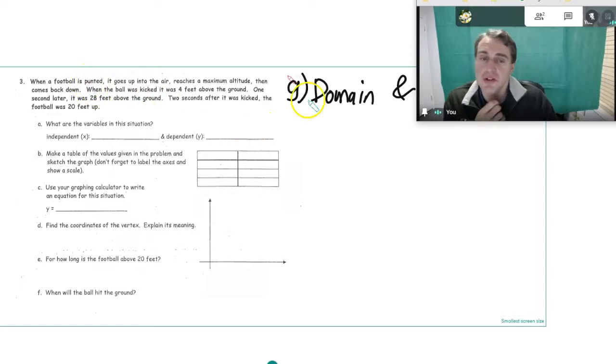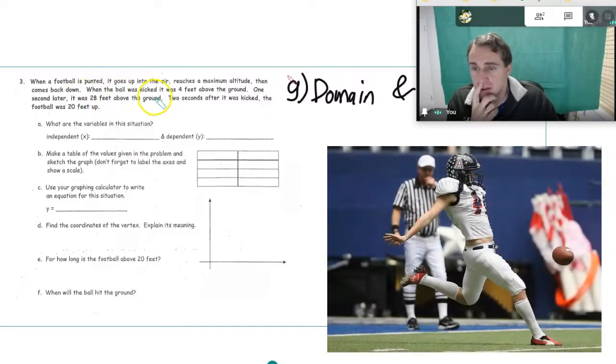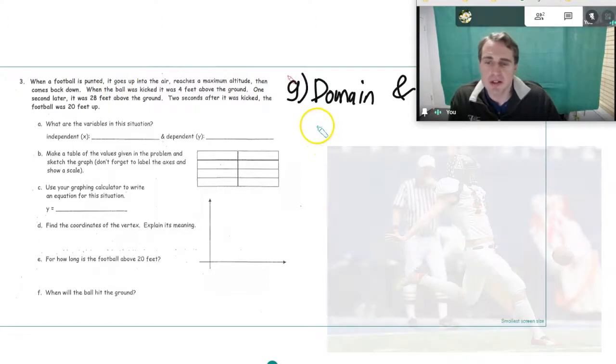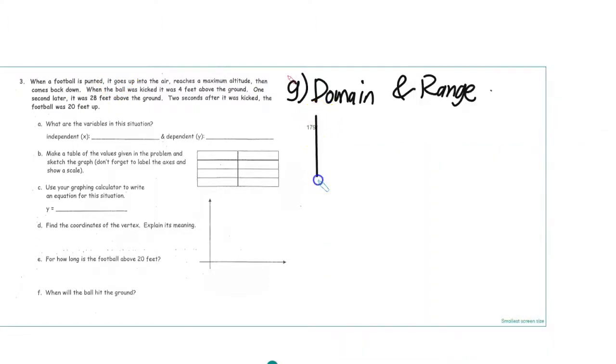Okay, first of all, let's just reread this and then we'll start tackling each section one by one. When a football is punted, it goes up into the air, reaches a maximum altitude, and comes back down. So basically conceptually it looks something like this.